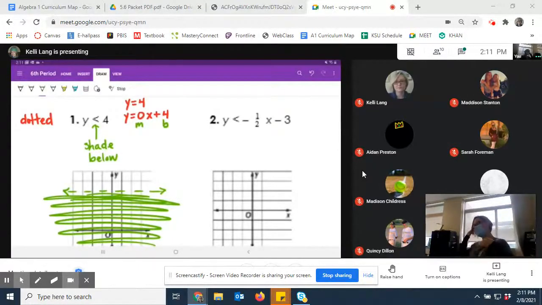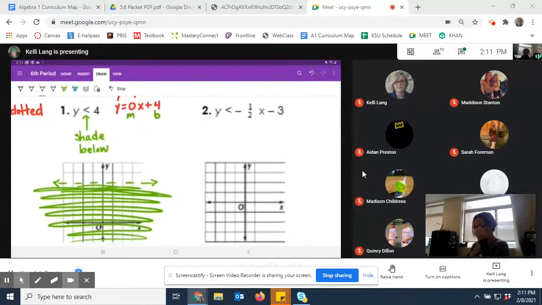Okay. So number 1 was a little bit weird because it wasn't in mx plus b form from the start. But number 2 should maybe be a little bit easier than number 1 was, because this is in mx plus b form. Just looking at number 2 from the very beginning, I can very quickly say, oh, okay, well, this is my m and this is my b. We can go ahead and start drawing our line.